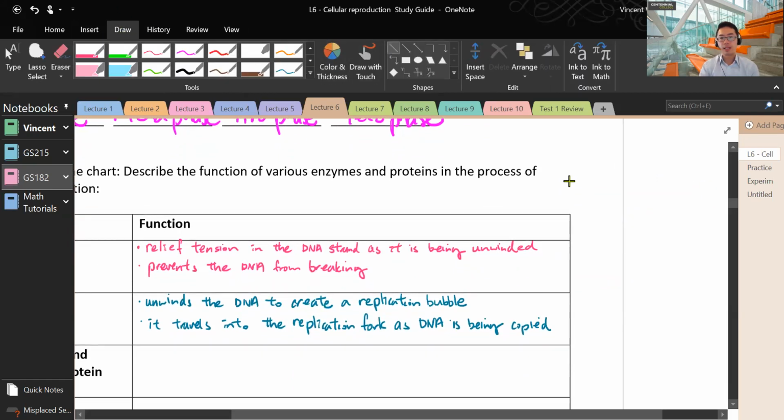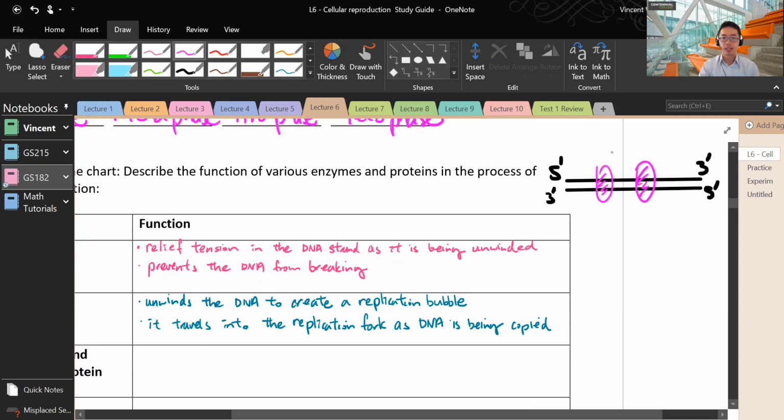So here it is again. We have our double helix. I'm not gonna draw the twisted up version. It's too difficult to follow, probably. So here, these are the 2 strands. We have the 5 prime, 3 prime, 3 prime, 5 prime. And then what's gonna happen is we're gonna have our helicase. Helicase is gonna come along and then it's gonna open up the DNA.